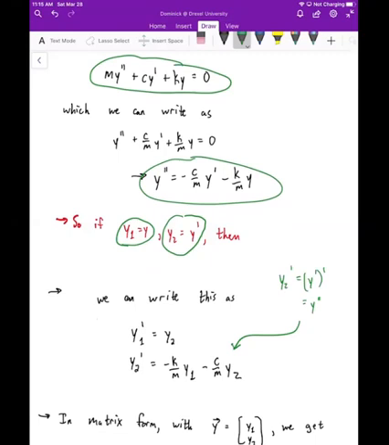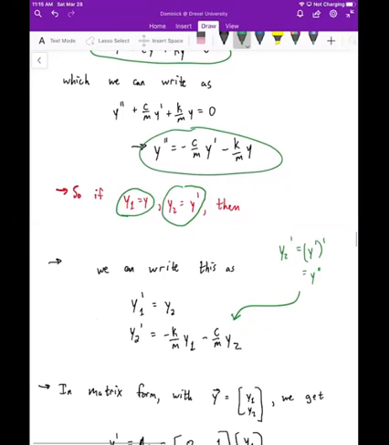And then we have negative c over m times y2, because that's y prime, right? So maybe we'll note that here. This is y, and this is y prime, and this is y double prime. So this is the same equation as the original, except we've replaced our y and our y prime with their respective y1 and y2.